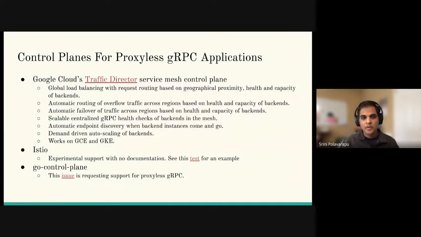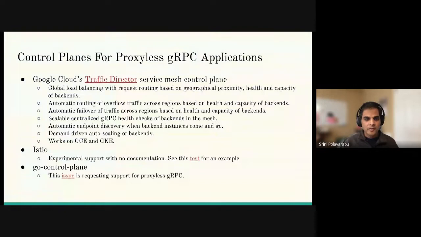Also, your services can be scaled up and down based on the load and various configurations that you have set. And it works on GKE as well as GCE, so you can even use VM-based legacy applications in the proxyless mesh.